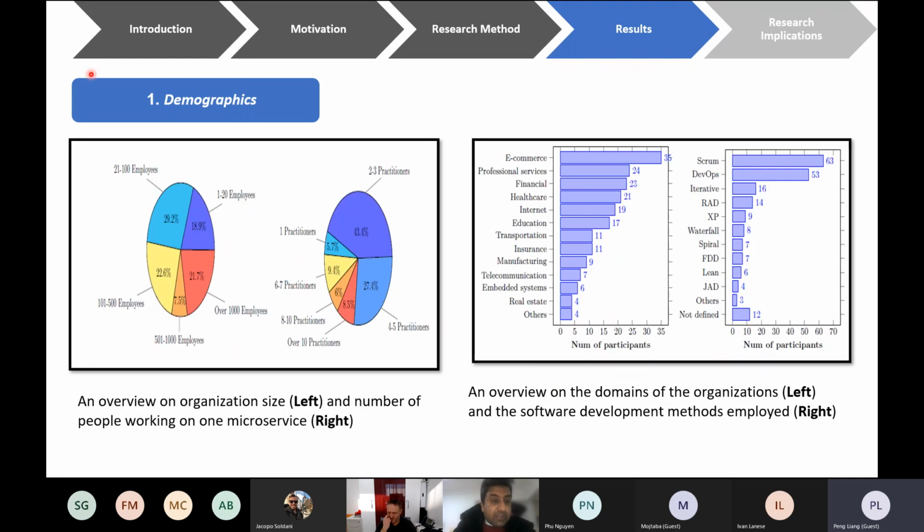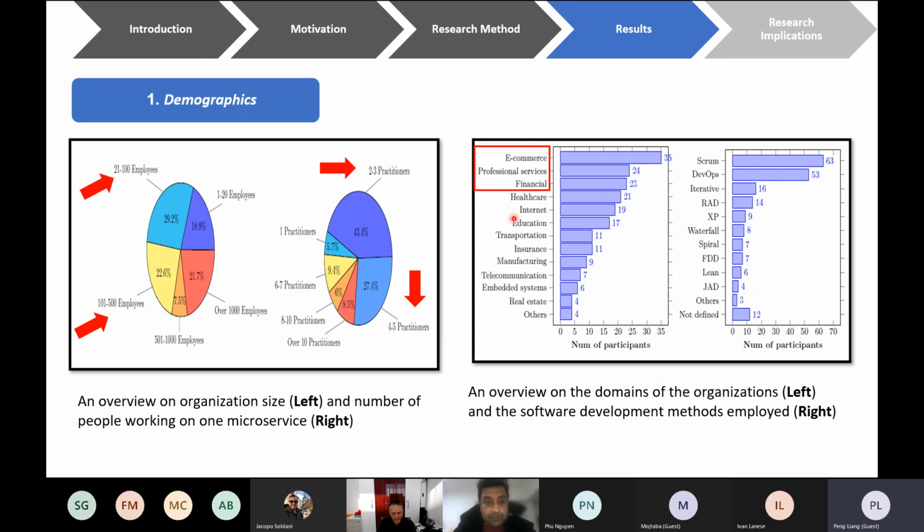About organization size, we found that more than 50% of organizations had an employee size from 21 to 500 employees. Similarly, regarding the people working on one microservice, we found that in 43.4% of cases 2 to 3 people are working on one microservice, and 4 to 5 people are working on a microservice in 27.4% of organizations.